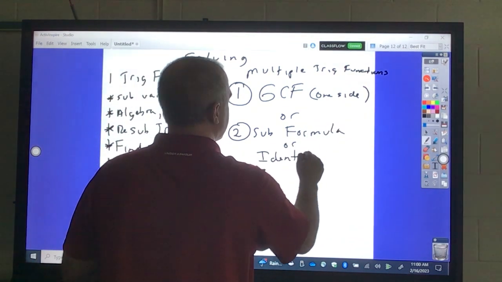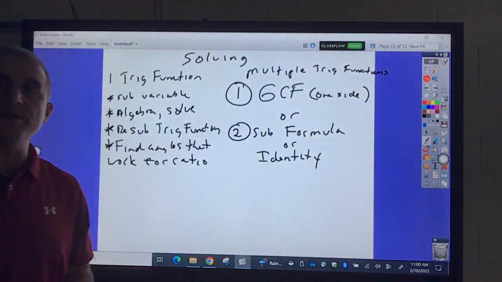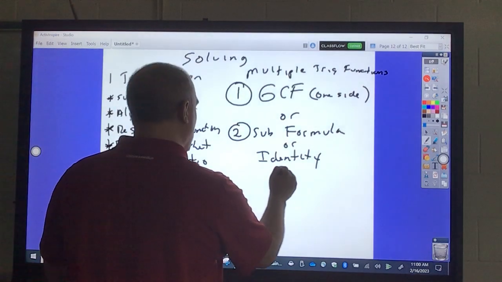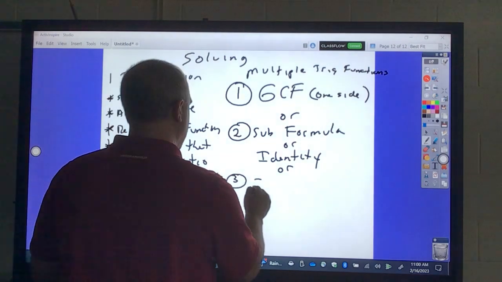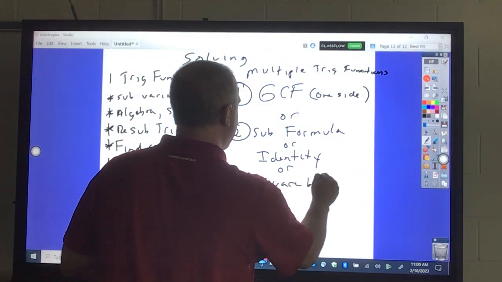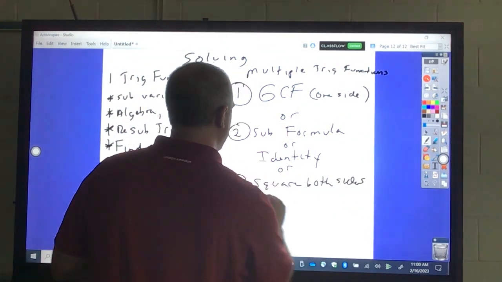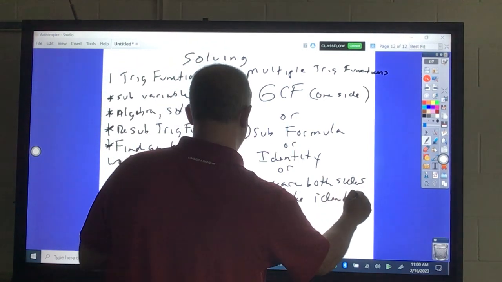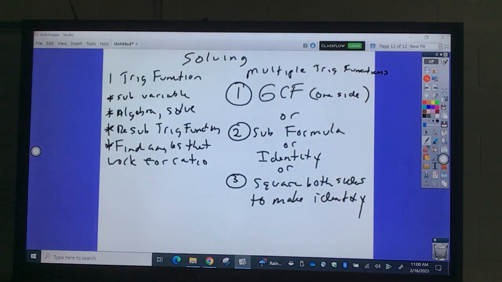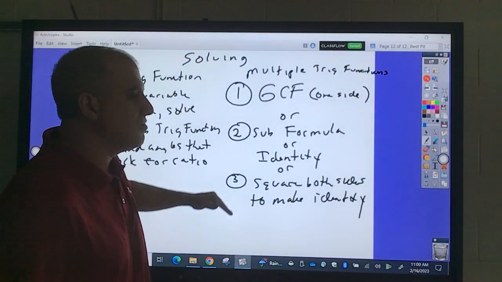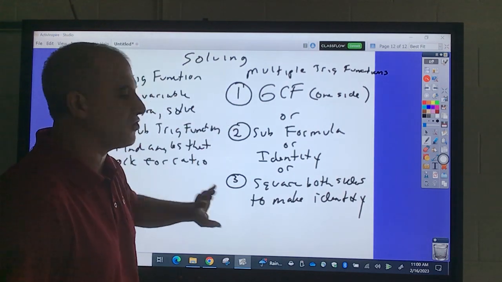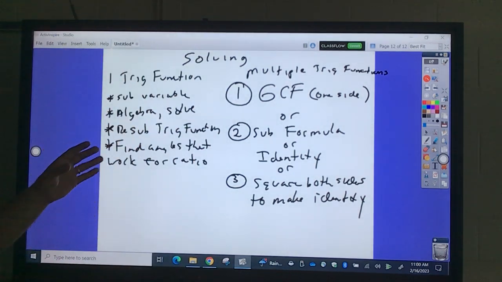Obviously, if one of those double angle formulas works, put it in there. If that doesn't work, put an identity in there. Or what you're going to have to do is square both sides to make an identity. This is the order I would do them in. GCF first, easiest. Substitute a formula or identity, easiest. Square both sides. Don't just start jumping into things.